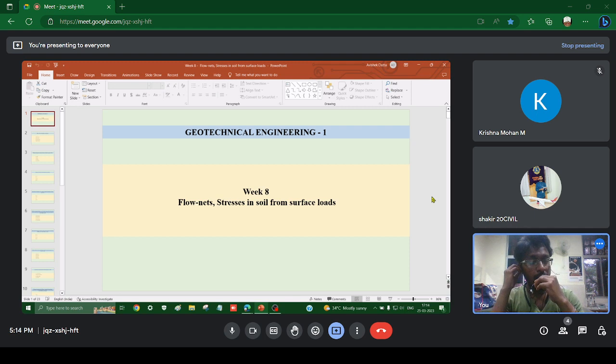But according to the syllabus, this stress distribution chapter has been divided into three parts. The first part is here in week 8 with flow net and stresses in soil from surface loads. The second part is in the next week, Boussinesq theory. And the third part is in the next to next week, Newmark's chart.